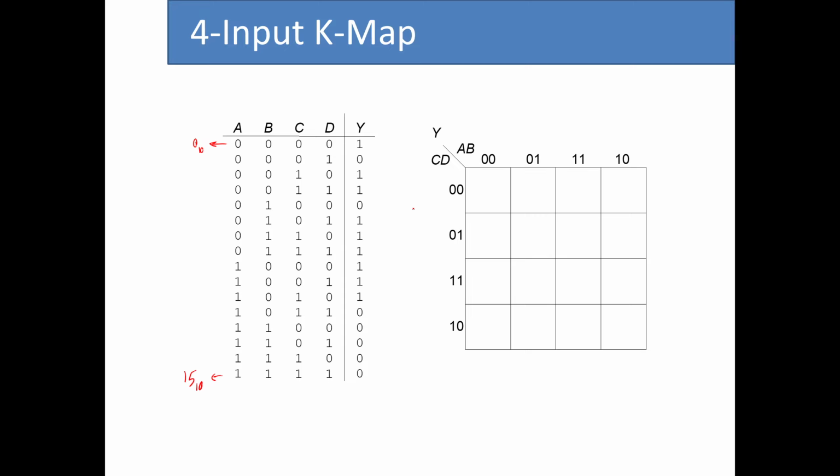Now, based on this truth table, we want to create the 4 input Karnaugh map. We create a 4 by 4 table. We use the divider line.